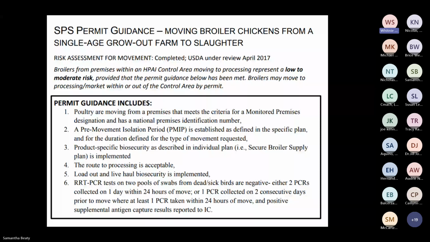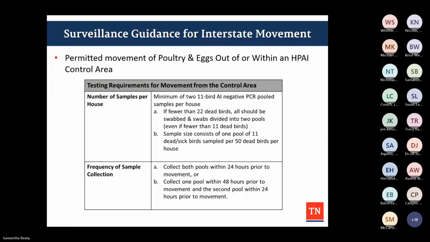You would also need to demonstrate specifically how you're going to do biosecurity for the loadout and live haul. And then, of course, testing. There will always have to be some sort of testing done, either 24 hours or 24 and 48 hours before that move. Next slide.